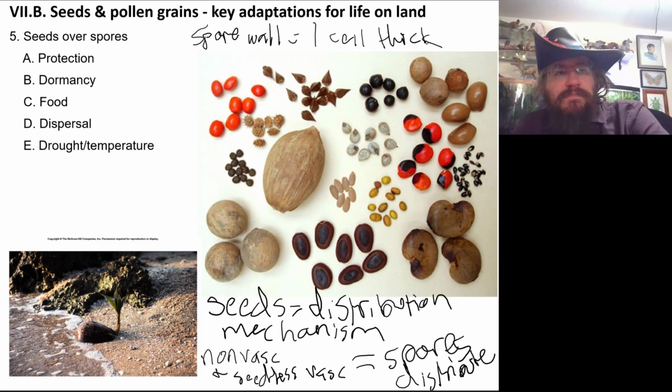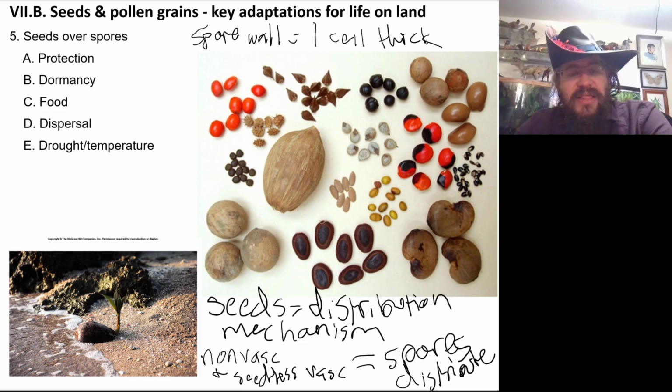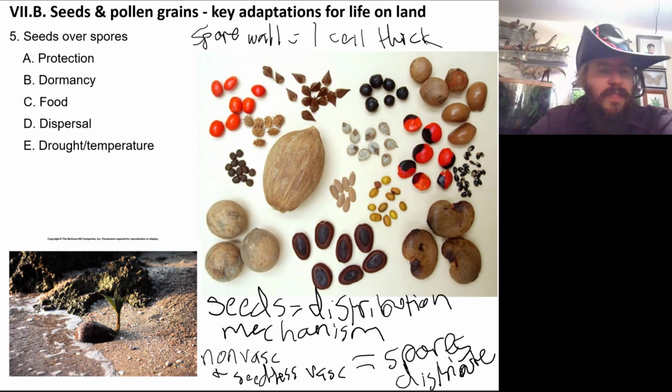It's like, something is better than nothing. But the integument that becomes the seed wall is multiple layers thick.